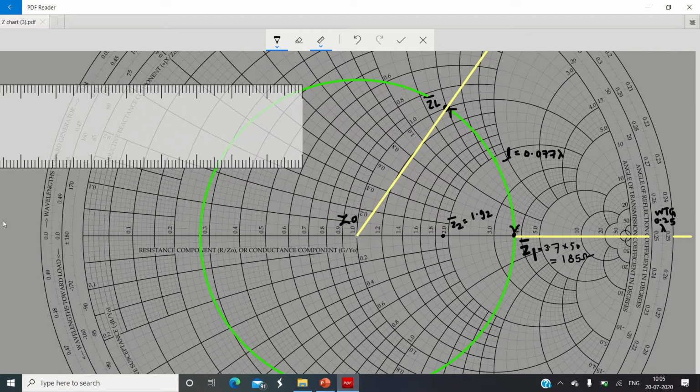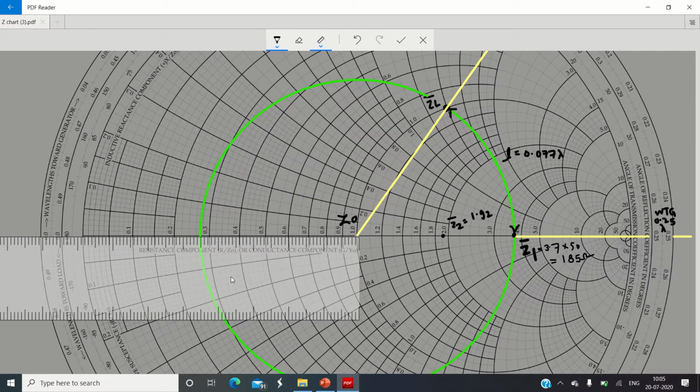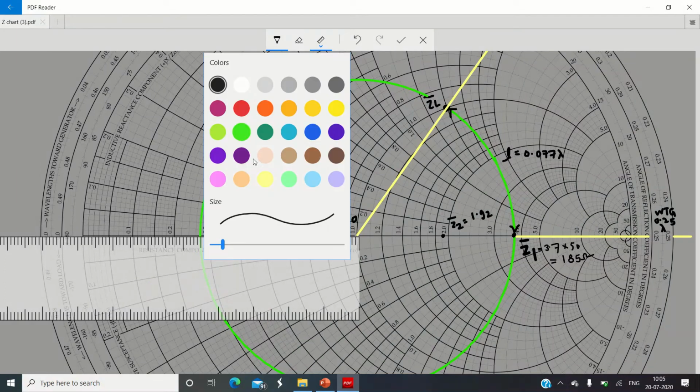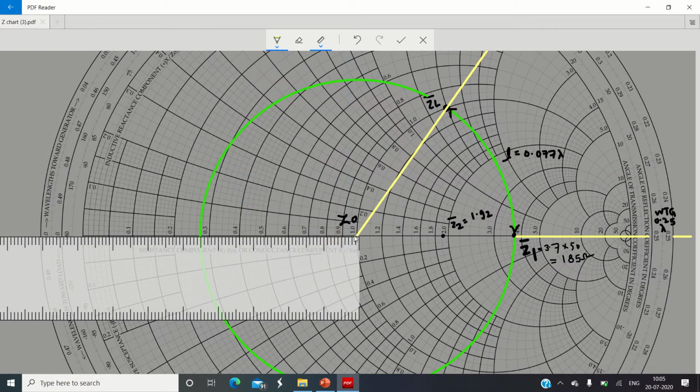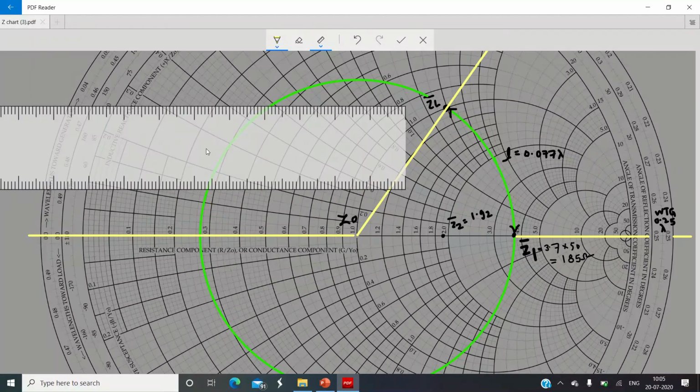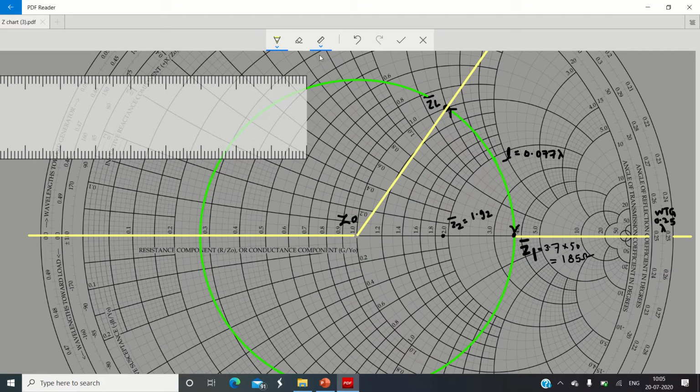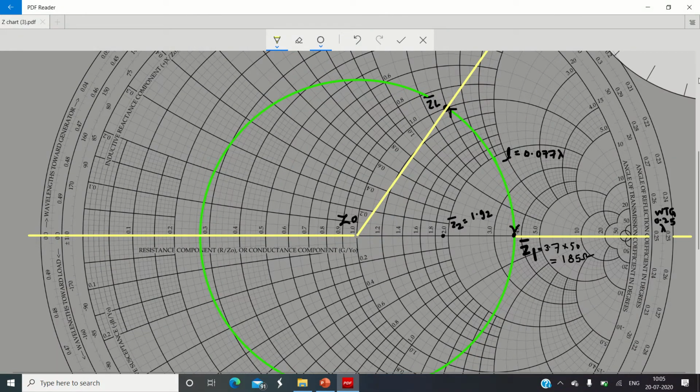Here I will denote the other side of the real axis. The WTG here is 0.25. If you add lambda by 4, that is 0.25 lambda, you will get 0.5 lambda. So when you travel lambda by 4, you reach the other side of the real axis. Now take your compass.